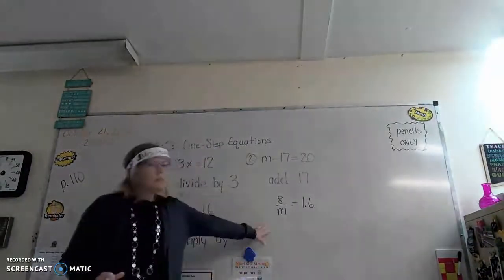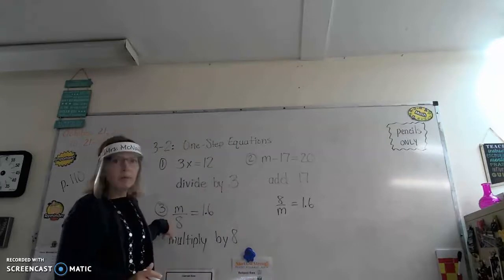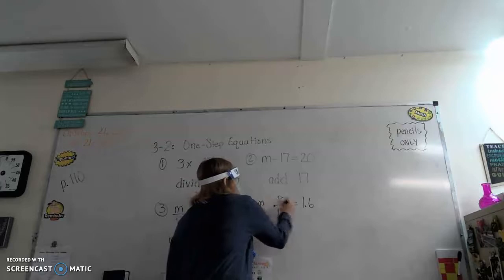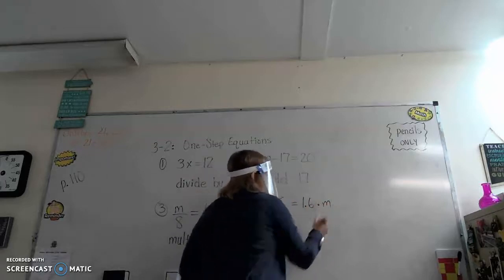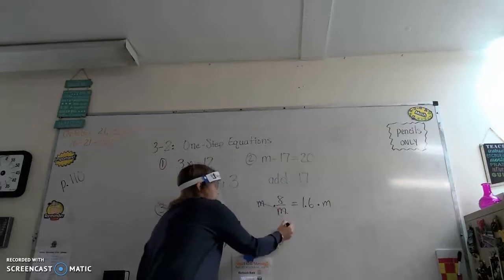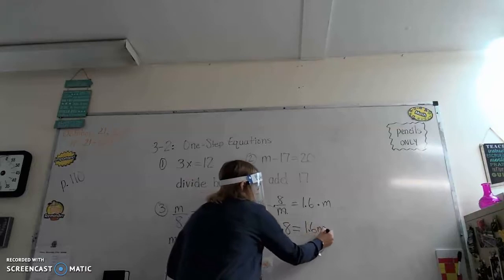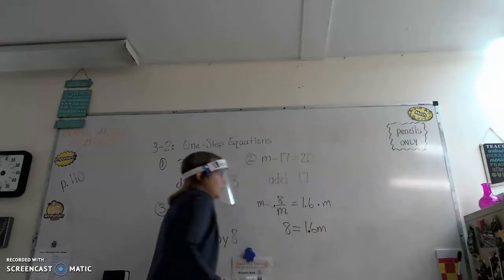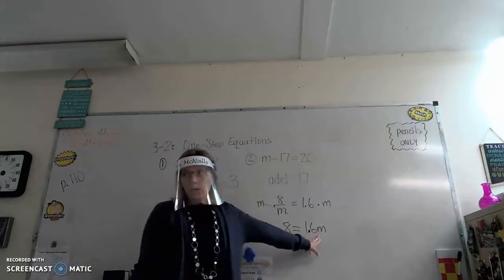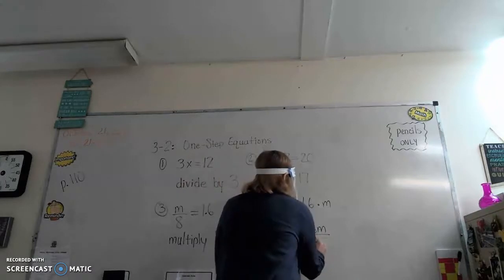Okay, so to solve this, we're going to do kind of what we did on this side where we multiply both sides by the bottom number. But since the bottom number is an m, that means we're moving our variable to the other side, basically. So we multiply, those two would cancel out, and then we would get 1.6m. Now, this is multiplication, so we're going to do the opposite, which is division.